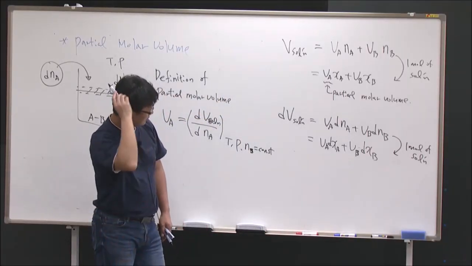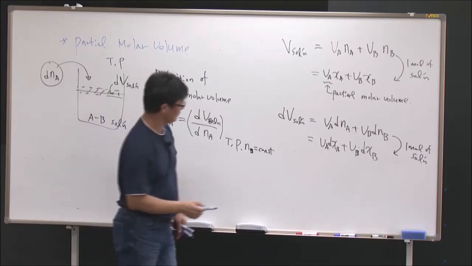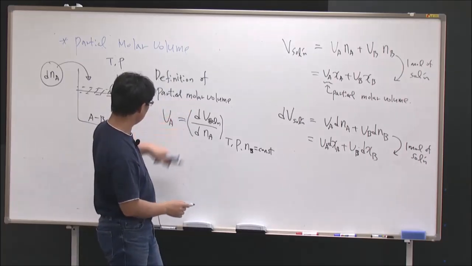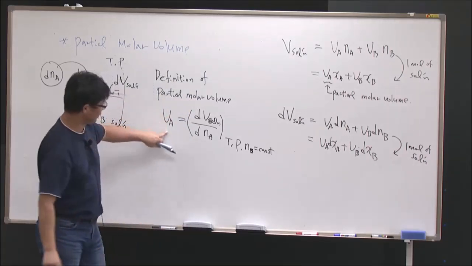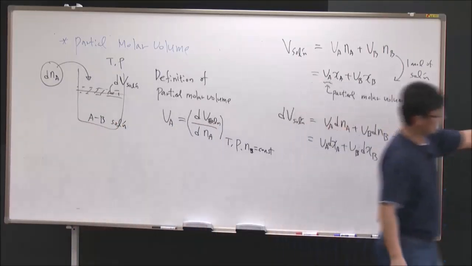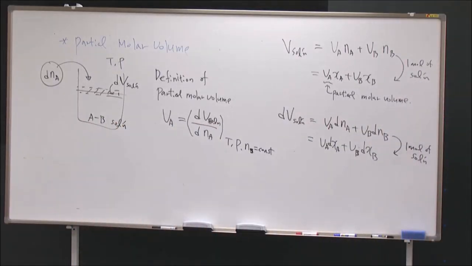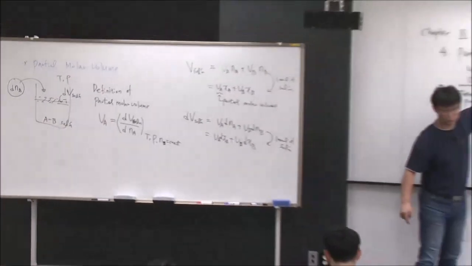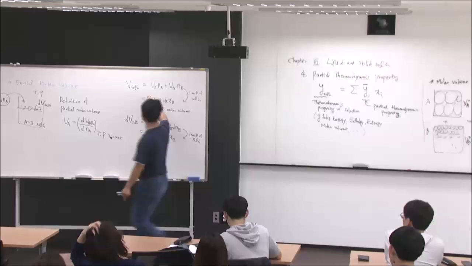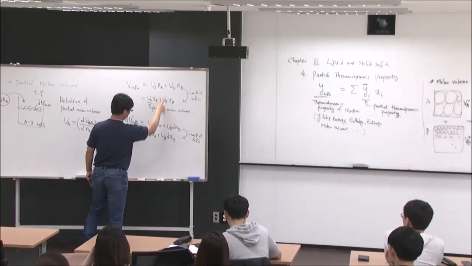So now, actually there's something strange. I can say it this way, or if you like, for a partial property I typically put a bar over the symbol. So if you like, you can even say VA bar, VB bar.